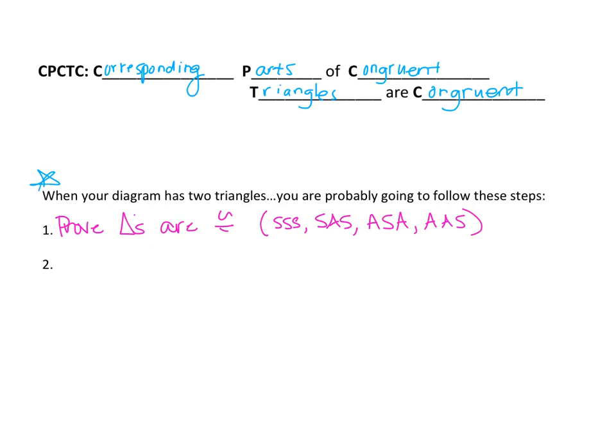Once you have congruent triangles, that means that all of the corresponding parts are congruent. So next, you can prove that sides or angles are congruent. And the reason, you will just say CPCTC. All right, so there you go.